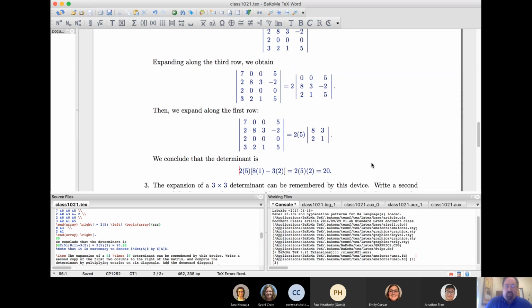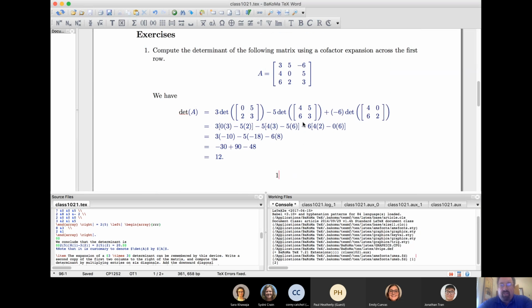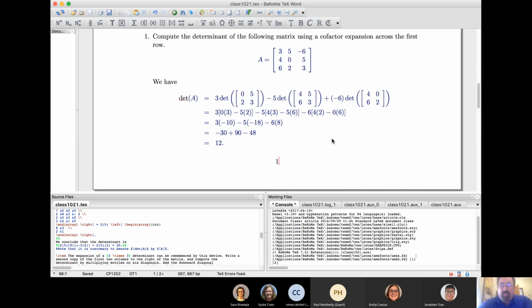Normally a 4 by 4, that'd be kind of a pain, because you'd have to expand along some row or column and have as many as 4 3 by 3 determinants to compute. So then you're doing this amount of work 4 times.